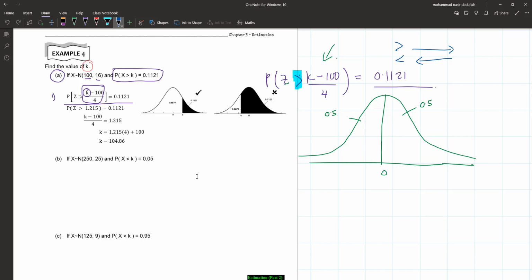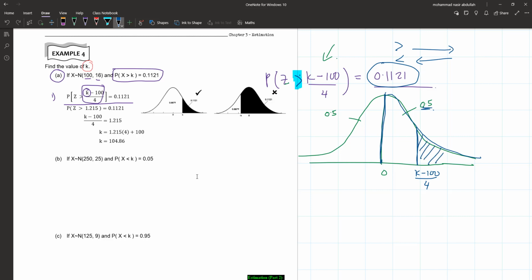So probability of more than K minus 100 divided by 4 equals 0.11, to the right. So we look at the first part to the right. It is not more than 0.5, right? Not more than 0.5, so it is somewhere here. It should be somewhere here: K minus 100 divided by 4.